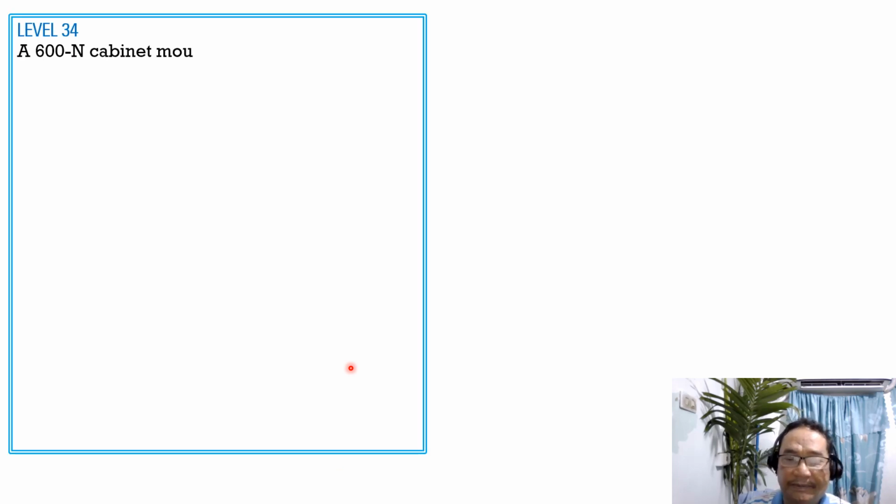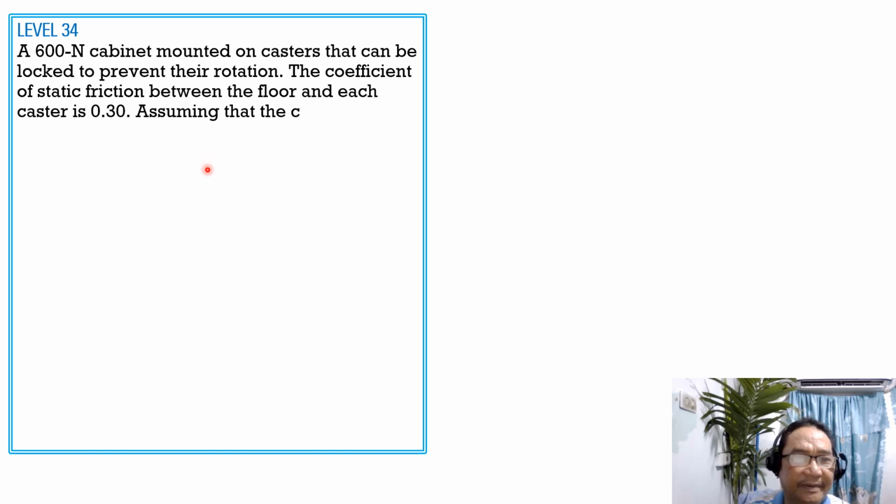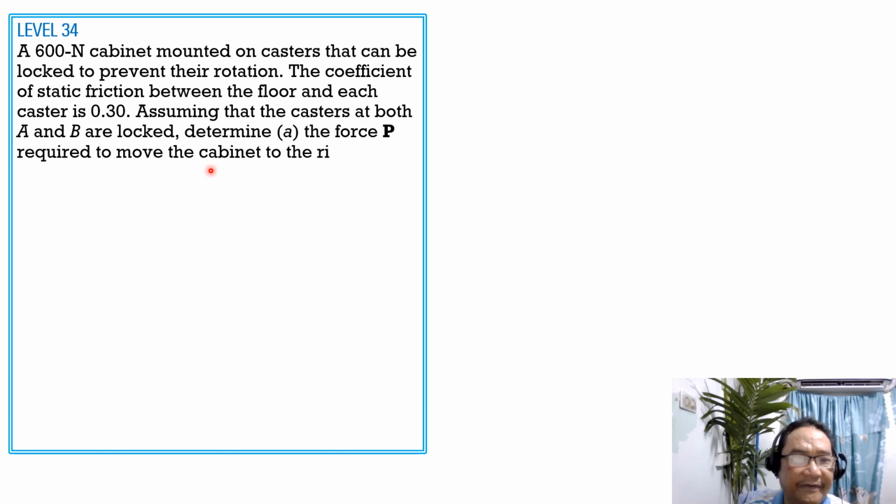Level 34 problem: a 600 Newton cabinet mounted on casters that can be locked to prevent their rotation. The coefficient of static friction between the floor and its caster is 0.3.